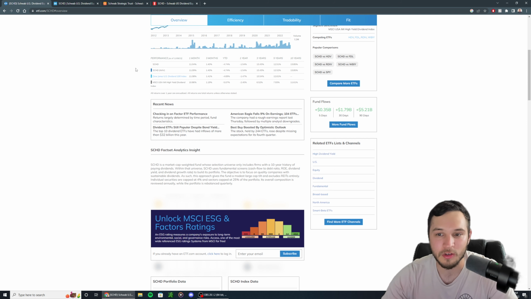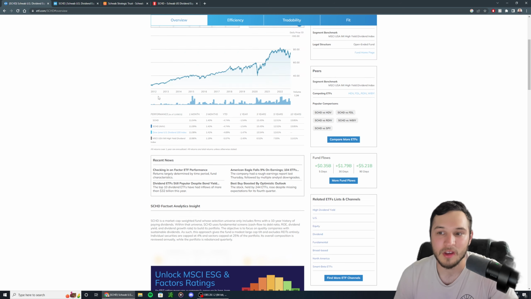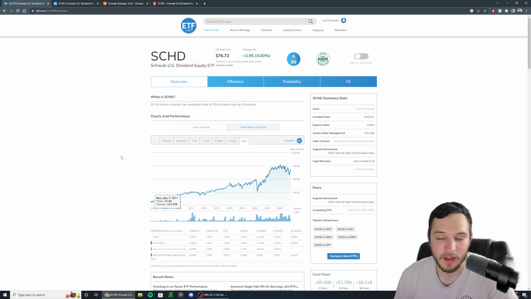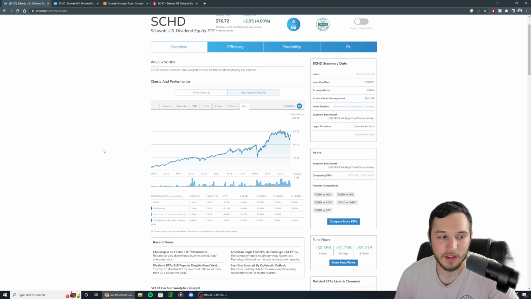For example, if you look at QQQ, their top 10 holdings were, I believe, like 65% at one point. So the entire fund was getting dominated by just a handful of companies, whereas this index is trying to help diversify that. So that is what this ETF is tracking, the Dow Jones US Dividend 100 index.